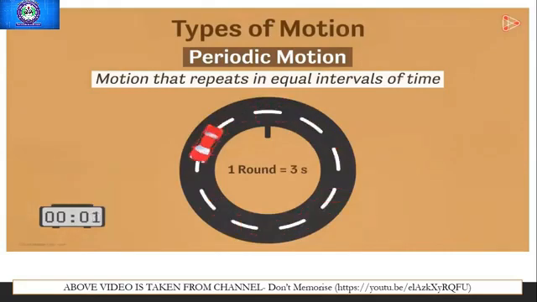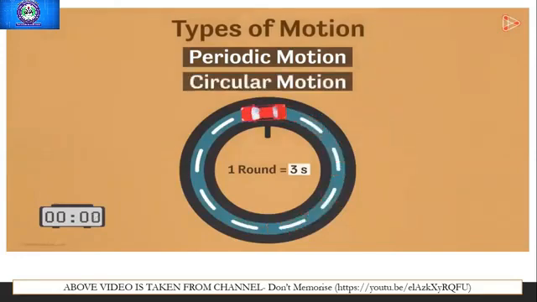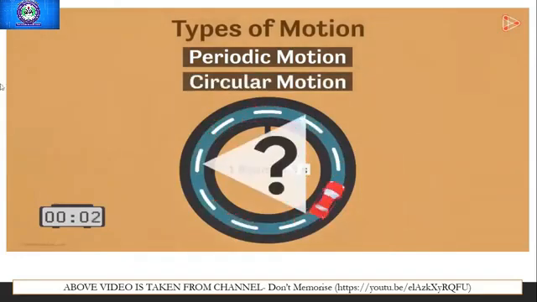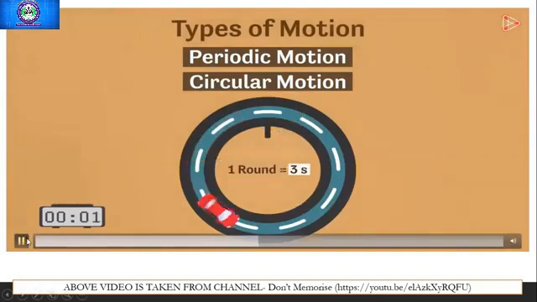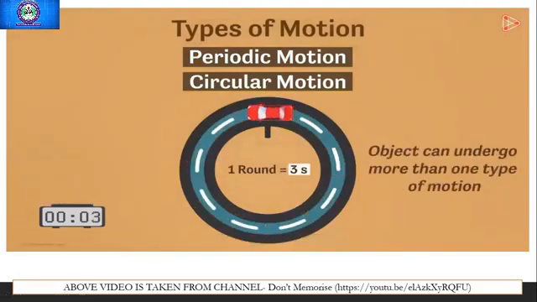Absolutely. Since it's repeating its motion along the same path every 3 seconds, it is undergoing periodic motion. But wait a moment. This object is moving along the circumference of a circle, so it is also undergoing circular motion. So what can you conclude from this example? We can say that an object can undergo more than one type of motion at the same time.